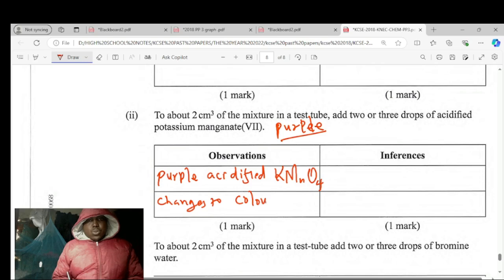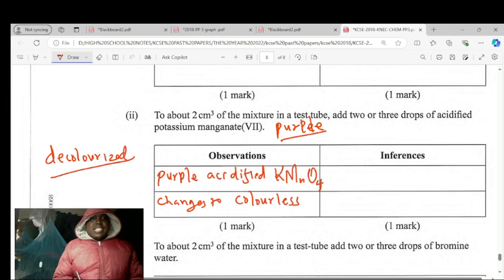Or simply you can say acidified potassium permanganate is decolorized. To decolorize means the color changes from purple to colorless.